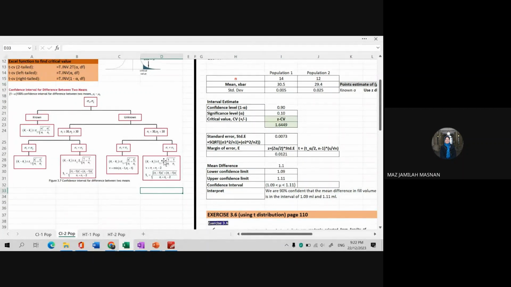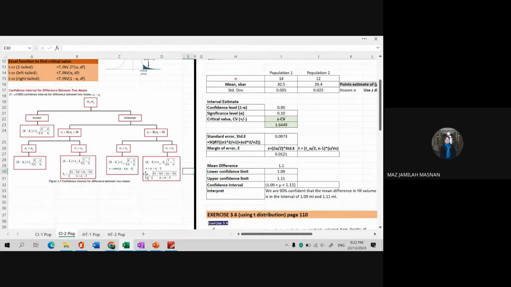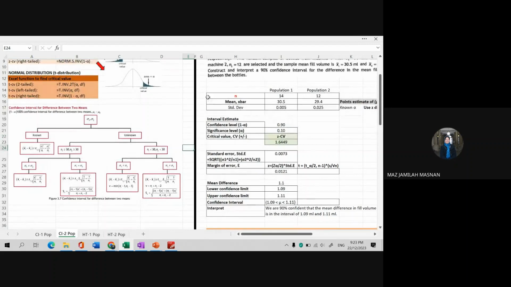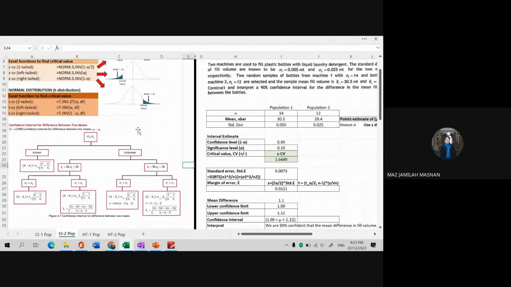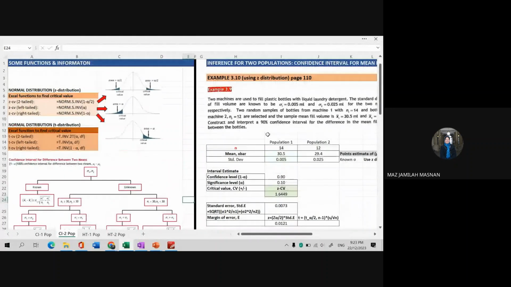This particular SP is obtained by using this one. Then the value of this one is multiplied by the square root of 1 over n1 plus 1 over n2. So please make sure you understand how to use this particular formula for your calculation. Okay, so that would be for two populations for statistical inference.